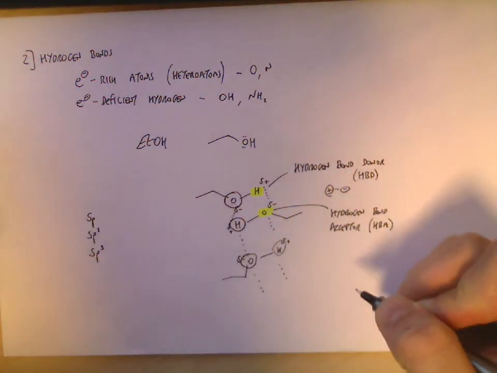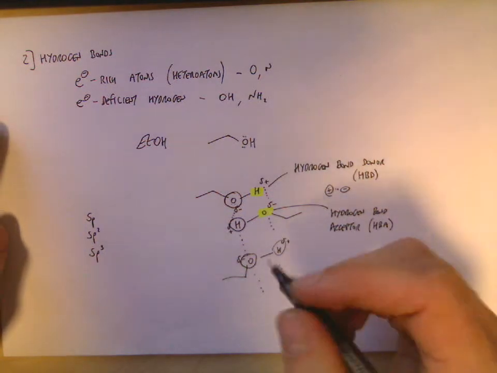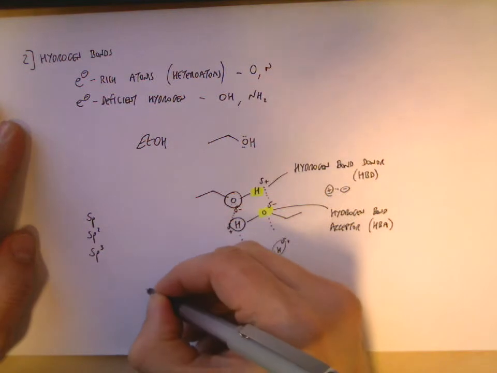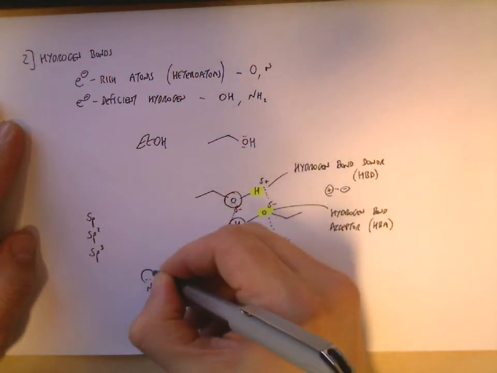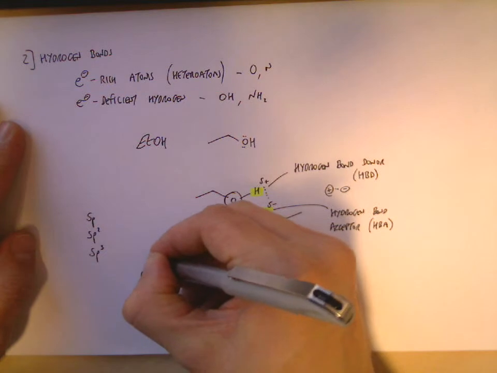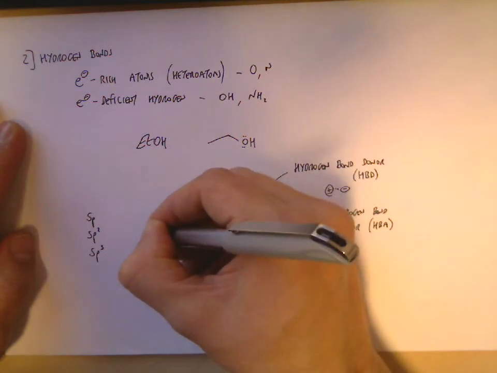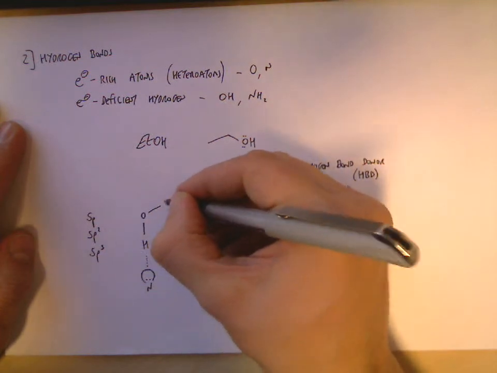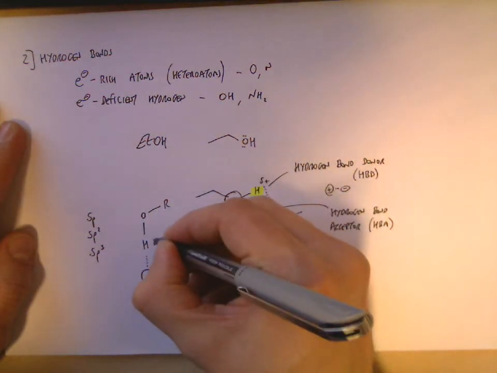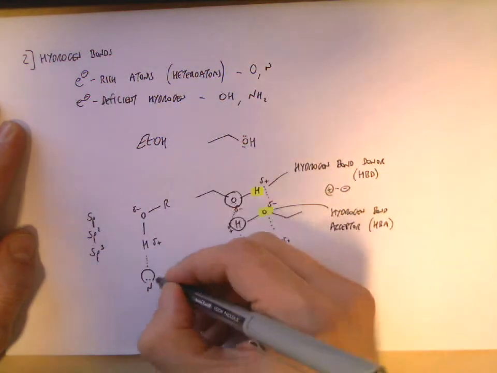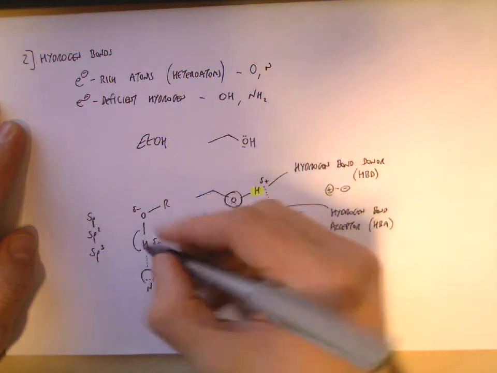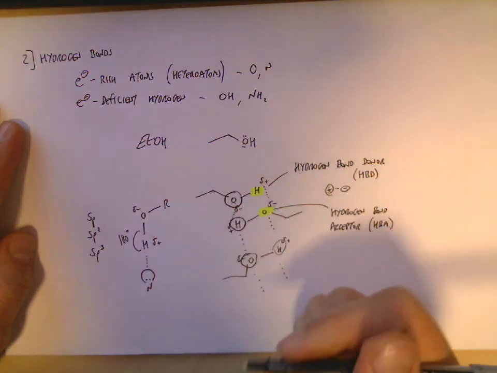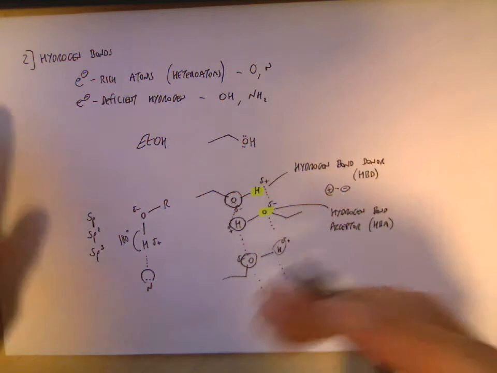The optimum orientation between the atoms of a hydrogen bond would be 180 degrees. For example, if we have a nitrogen with a lone pair, you would then have an interaction with a hydrogen, then the bond to its atom and then the rest of the molecule. So here you would have delta plus, delta minus, and 180 degrees between those three atoms to give you a very strong hydrogen bond.